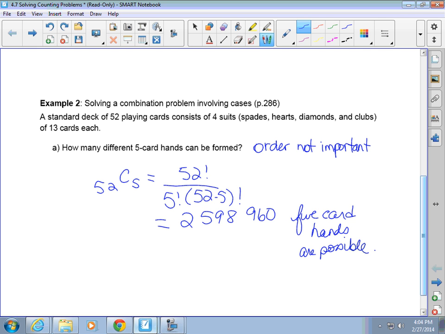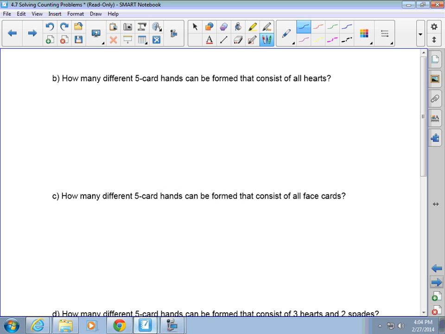B says, how many different 5-card hands can be formed that all consist of hearts? So we have 13 hearts that we're choosing from. So we have 39 non-hearts.